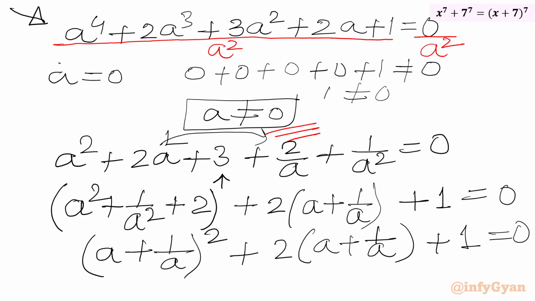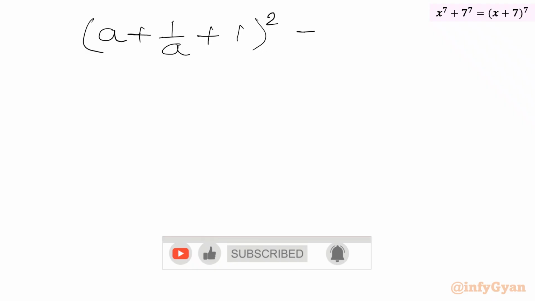We can write (b + 1) whole square. So this is nothing but (a + 1/a + 1) whole square equal to 0.